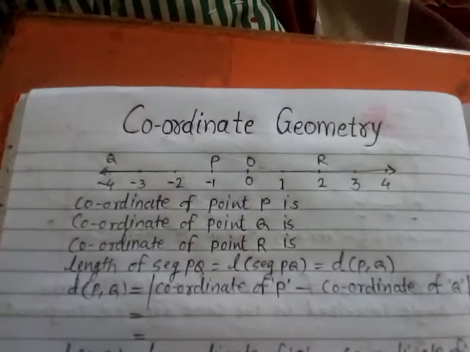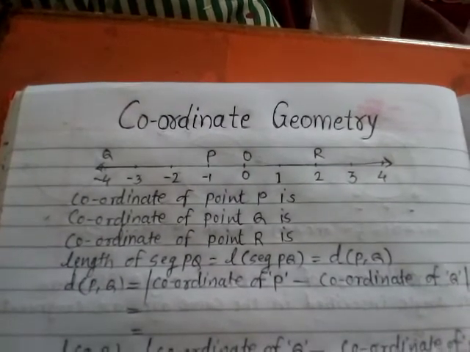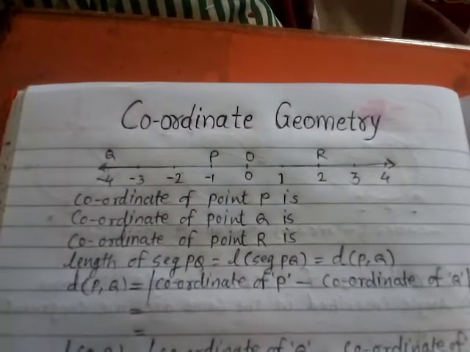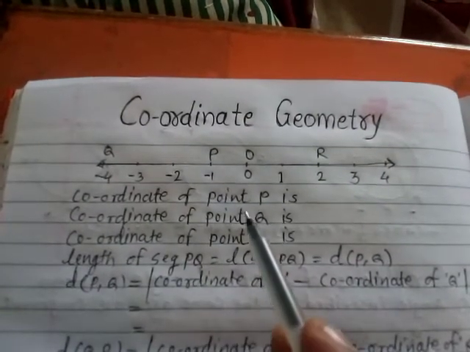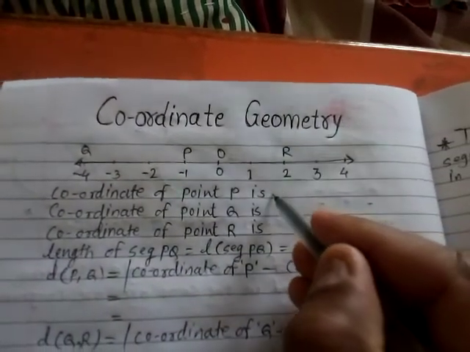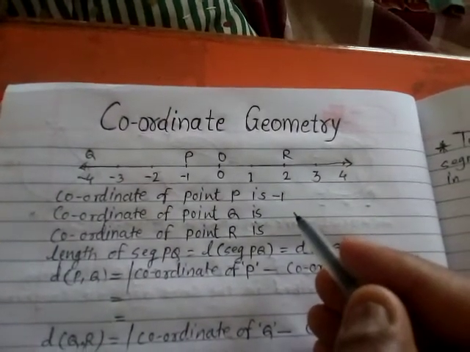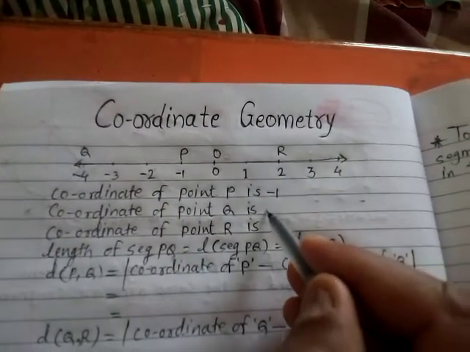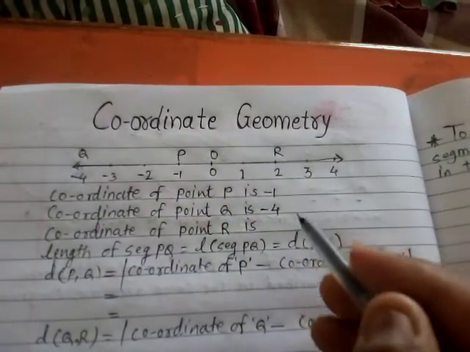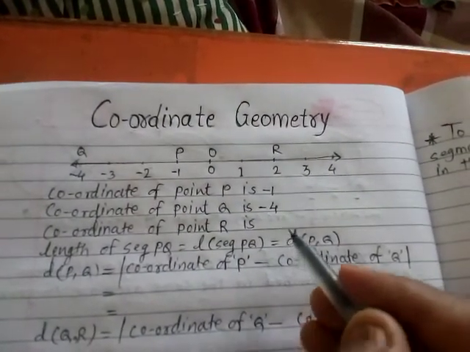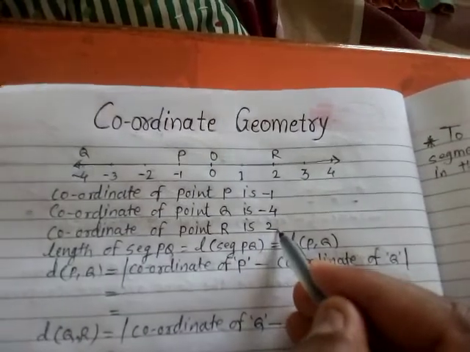These numbers are nothing but the coordinates of the given points. That means the coordinate of point P is -1, the coordinate of point Q is -4, and the coordinate of point R is 2.